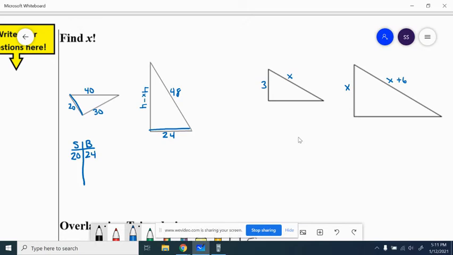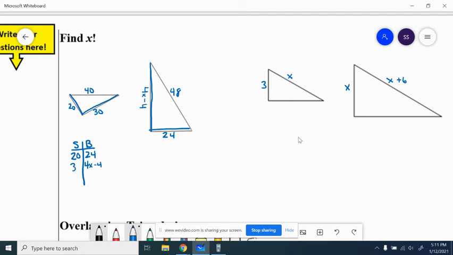Now I need to figure out what x is, so I am looking at this middle side length, right? And that is on the large or the big triangle, so that is going to go on the right column. So 4x minus 4 goes here, and that is going to correspond with this 30, the middle side length of the small triangle.